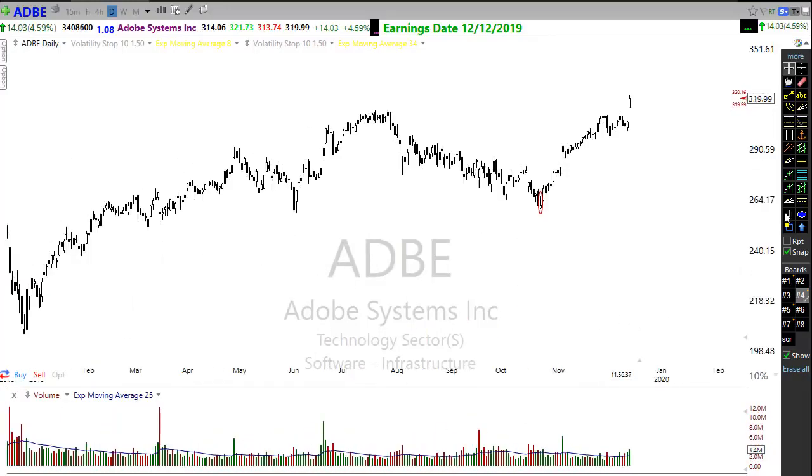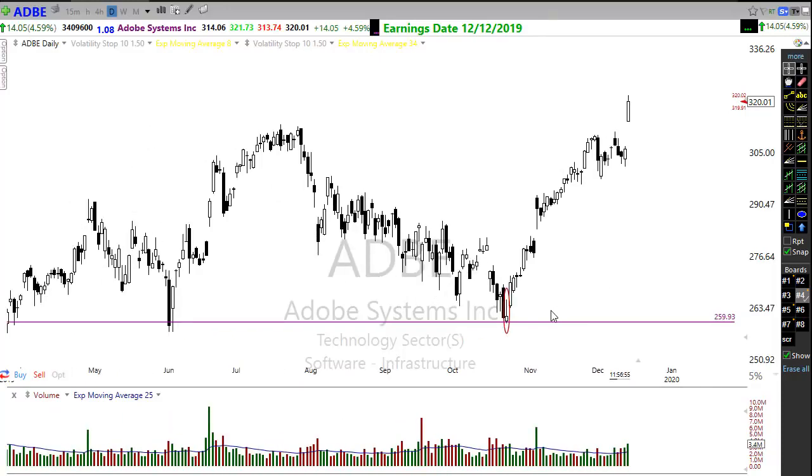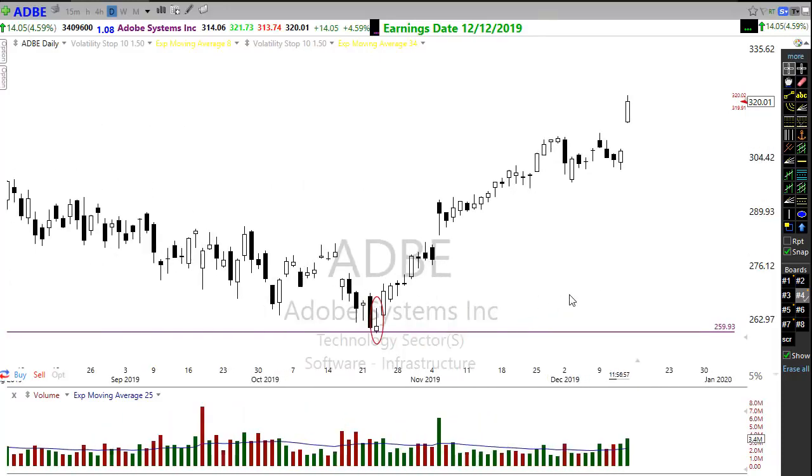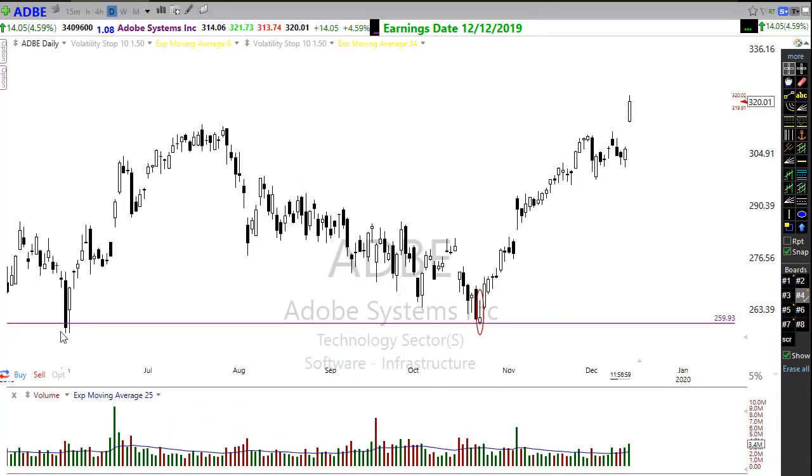Here's what's really important, I think, about this pattern is that it came in right at price support. That's the key element of that pattern. By the way, kind of a piercing pattern right here. Kind of. Didn't get a gap down to it.